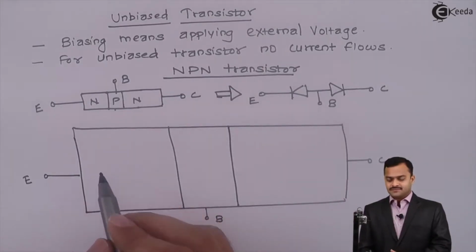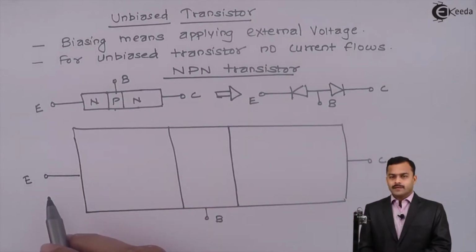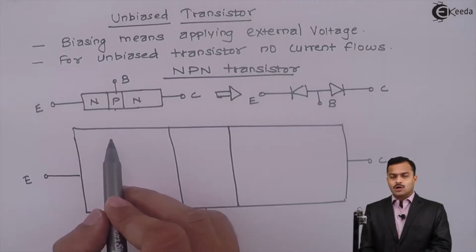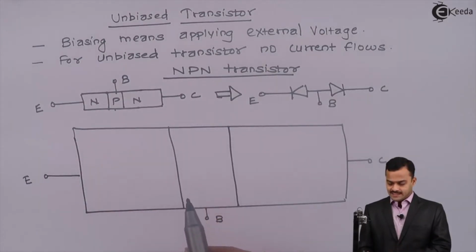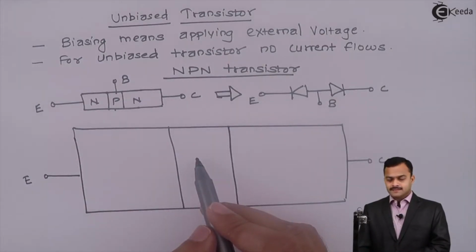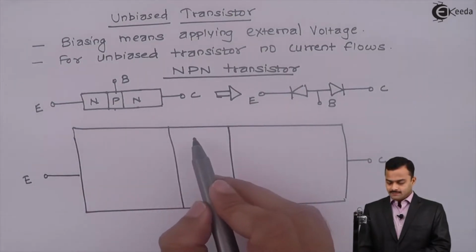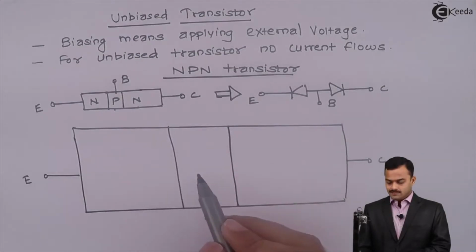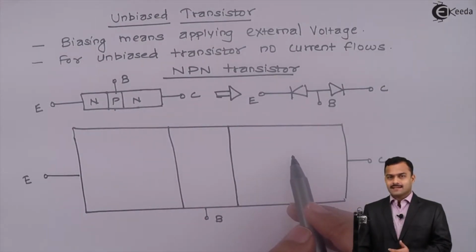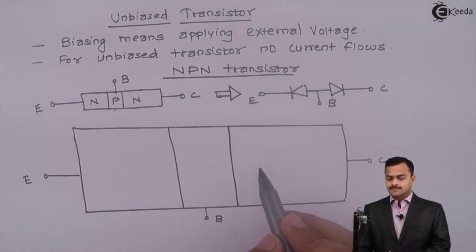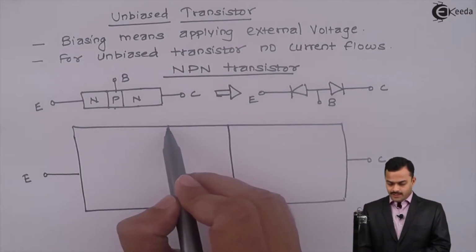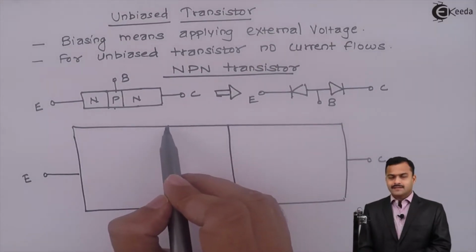The N type semiconductor over here means we have electrons as majority charge carriers. Base B is a P type semiconductor, which means holes are the majority charge carriers, and the collector is once again N type, hence electrons are majority charge carriers. Over here is the base emitter junction.